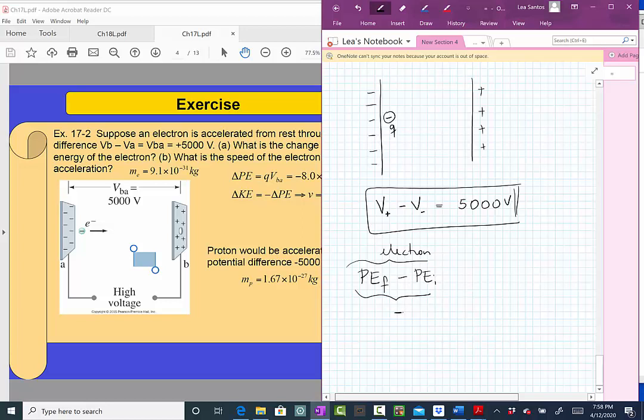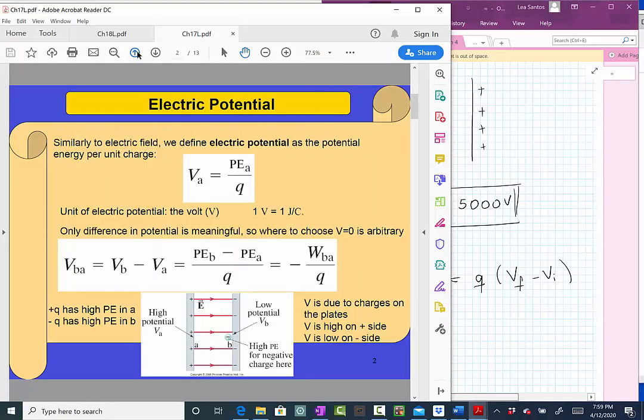What we saw in previous lectures, in the previous slide, is that this change in potential energy is given by Q and final potential minus initial potential. Let's go back to this slide.